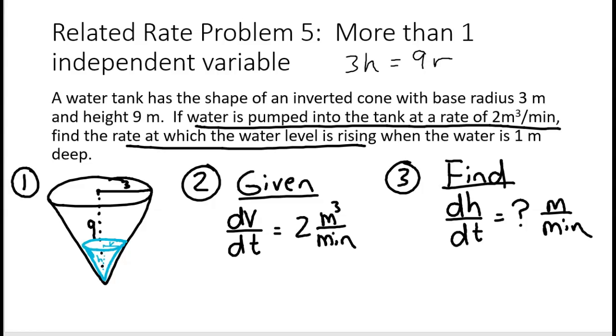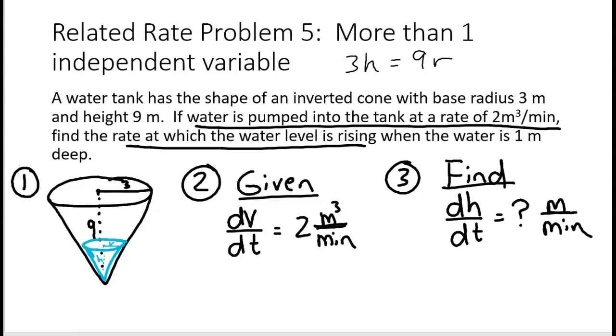So since we're wanting to find how fast h is changing, then that means we're looking for dh/dt. And now h is a length. So we are using meters, as it's indicated over here, cubic meters, but when you're doing length, it's not cubic, it's just regular meters. And so this is step 3. We're looking for dh/dt, and the outcome we would expect to be in meters per minute.